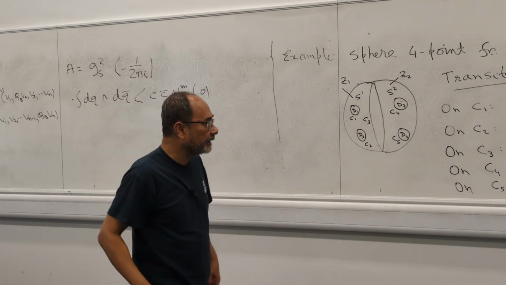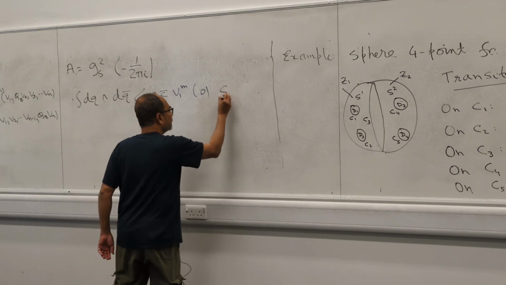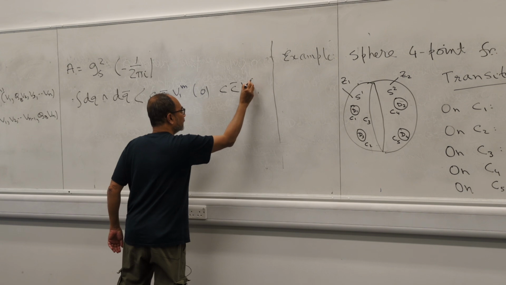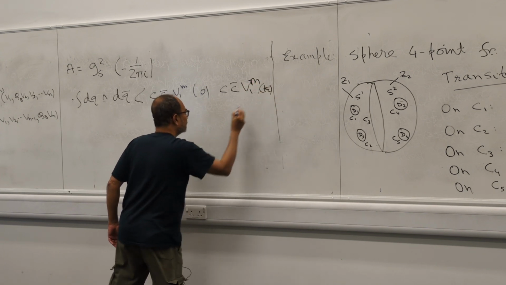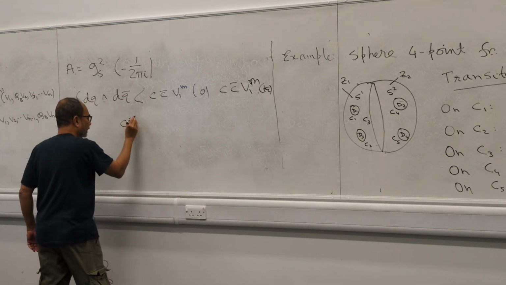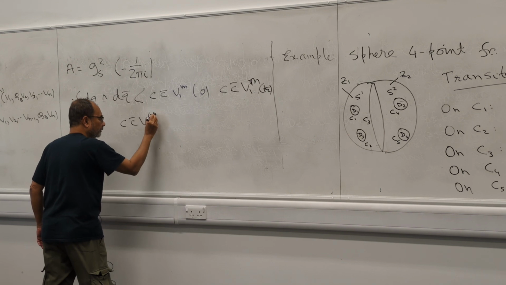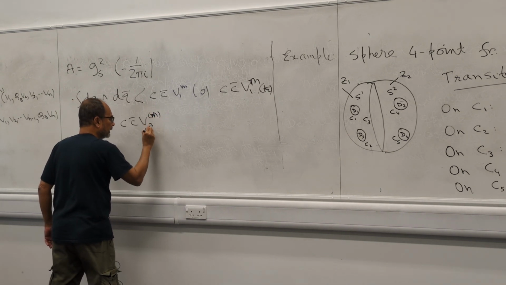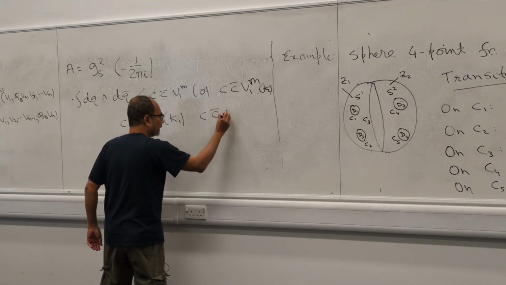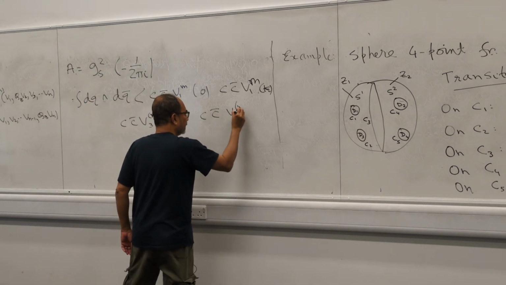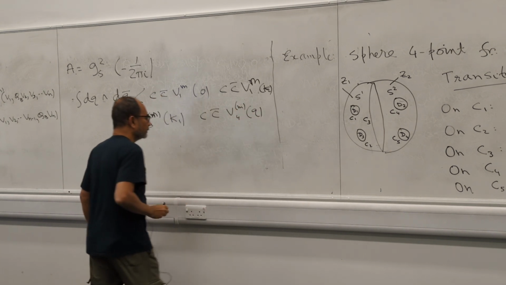Then the next one at K2, CC bar VM3 at K1, CC bar VM4 of Q. Okay.